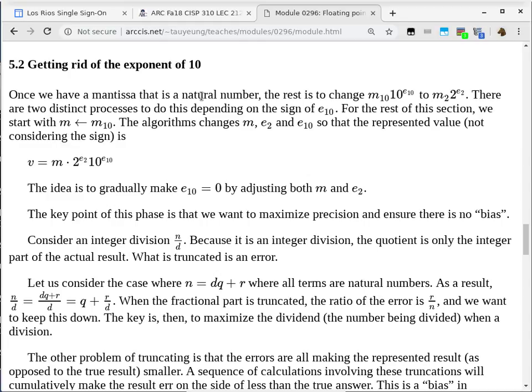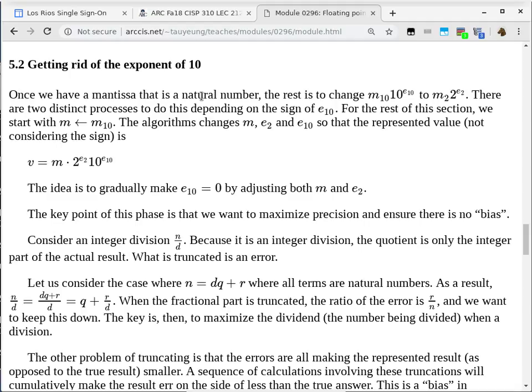So instead of using M2 and M10 as two separate mantissas, we just say that we have a quote-unquote hybrid mantissa. It's nothing more than just a quantity. So it's a quantity times 2 to the power of something times 10 to the power of something. Initially, you can look at the base 10 version of a floating point number or scientific notation as having E2 being 0. It's not there.